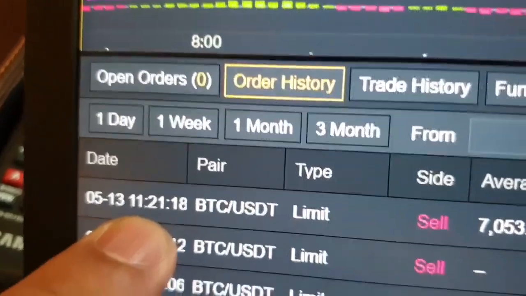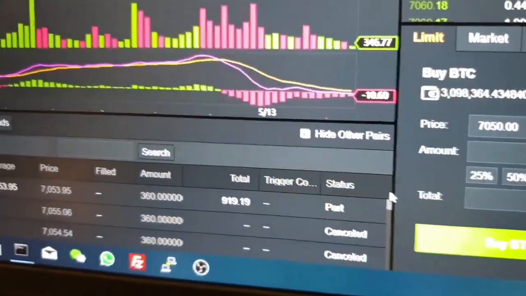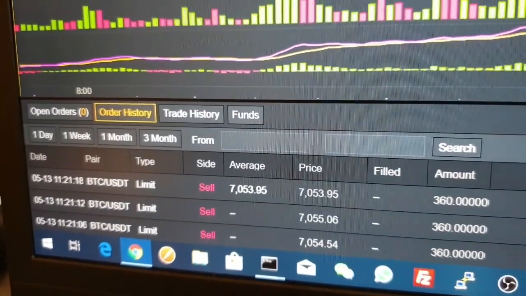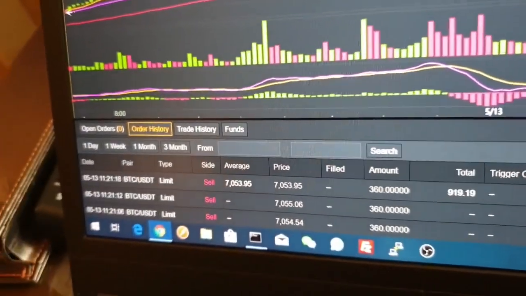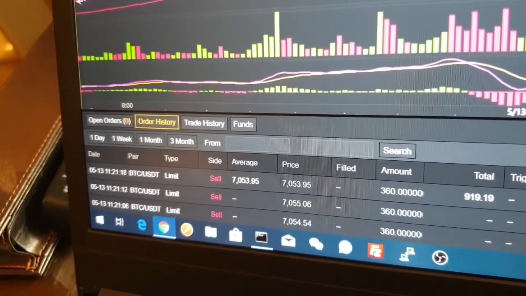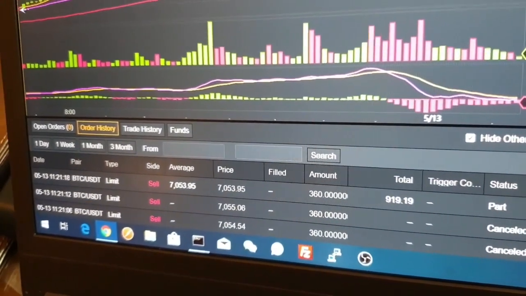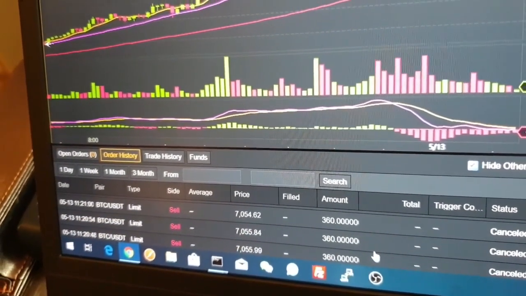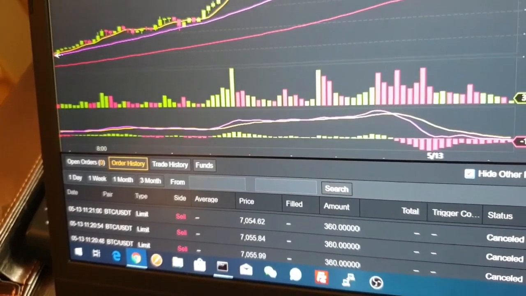Yeah, just now, you can see that. Right. 11:21. The time now is 23. That is the sell. And what did it buy a little bit earlier today? It bought at what time? It bought when it was at, let me see. I hate the interface for Binance.